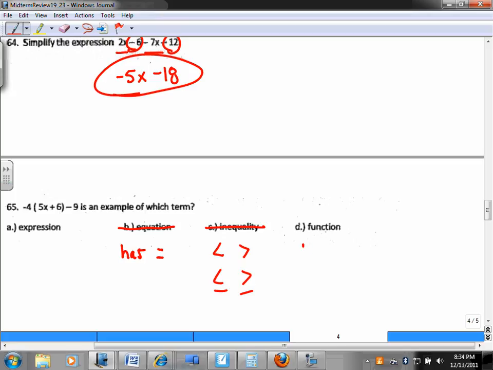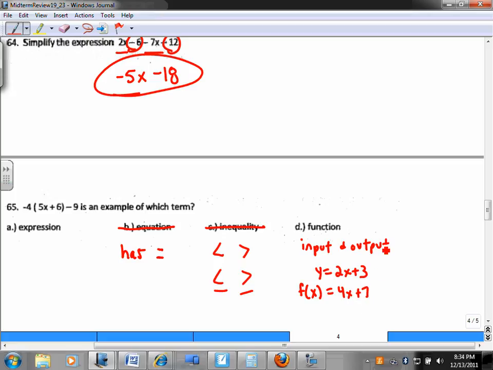A function must have an input and an output. So for example, we could have y equals 2x plus 3. We'll see something later where we could have f of x is 4x plus 7.